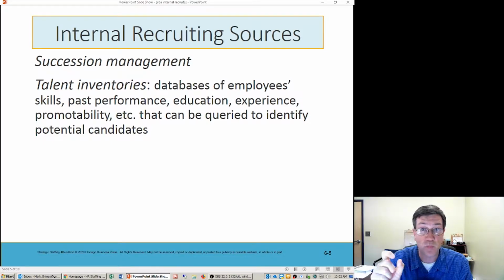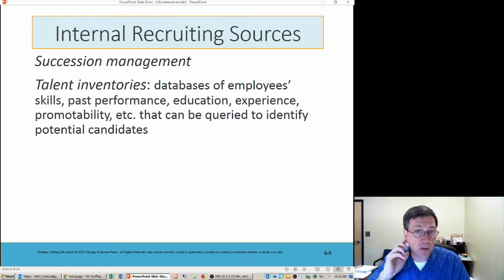Like one column may be what degree they have. They've got a bachelor's degree or they got a master's degree or whatever. One might be what the rating was on their 2017 performance appraisal, and the next column, the rating on the 2018 performance appraisal. One column may be the number of words they type per minute. One column may be their latest customer survey score.